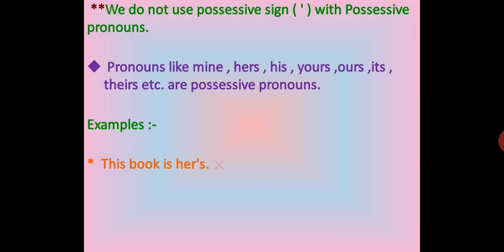It is wrong. As per the rule, we do not use apostrophe with this kind of possessive pronoun. So, what will be the correct sentence? The book is hers is the correct sentence. I hope you will get a proper idea with these examples.